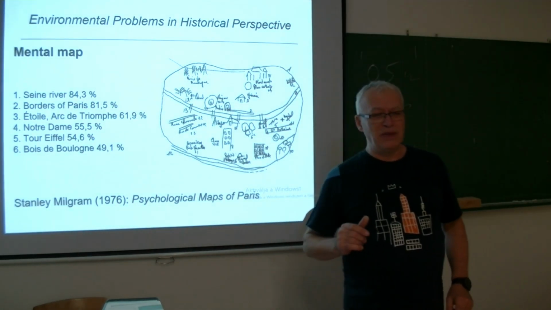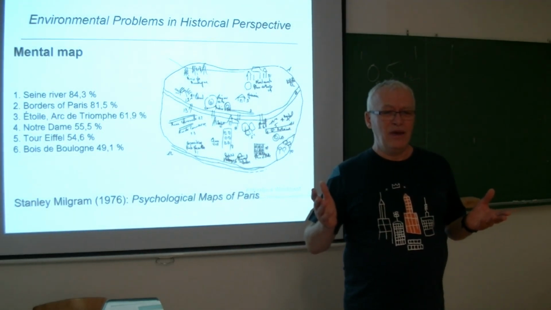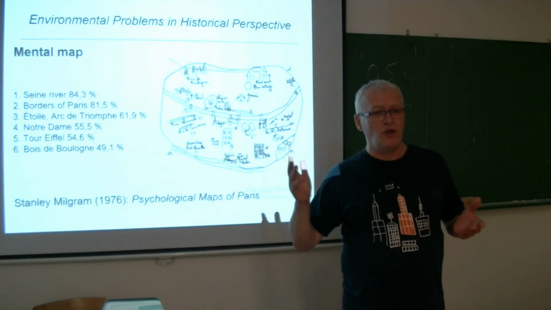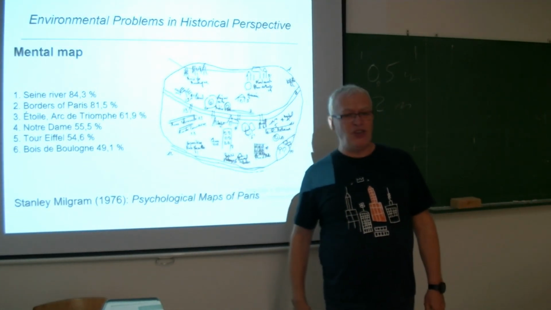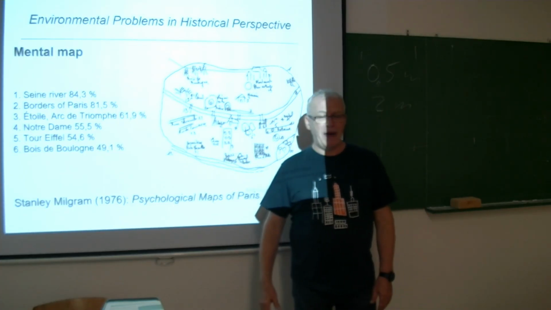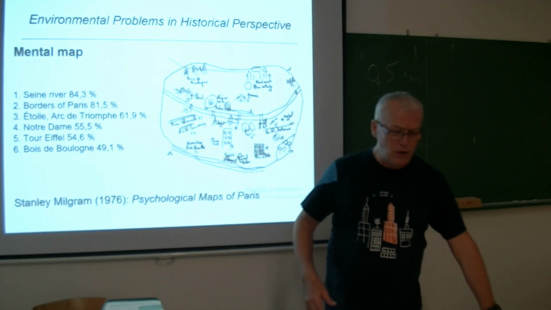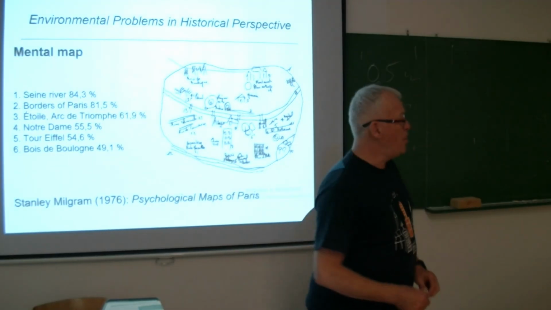The first peculiarity is selectivity. We do not remember all the information about our physical environment. For example, in Chicago the first mental map was made. Mental mapping is a very simple procedure.